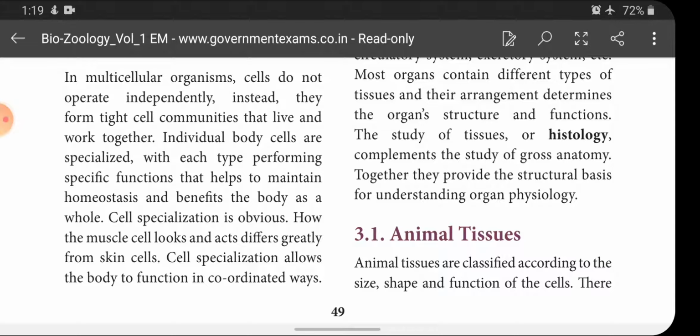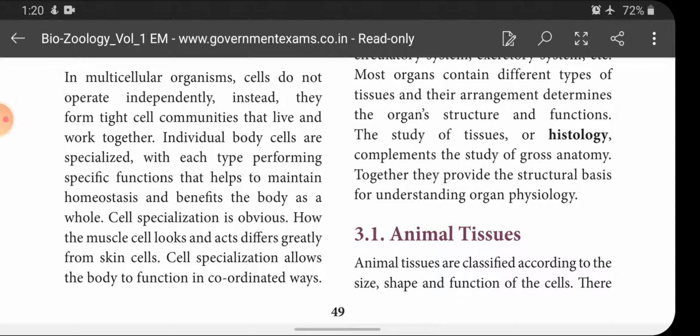Actually, we have different types of cells in our body. For example, the brain is made up of nerve cells, muscles are made up of muscular cells, the liver is made up of hepatic cells. Like that, each and every organ is made up of different types of cells, and each type of cell takes up its own function and performs it perfectly and maintains the homeostatic conditions of the body as a whole.